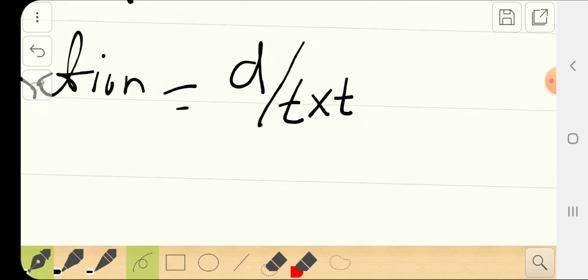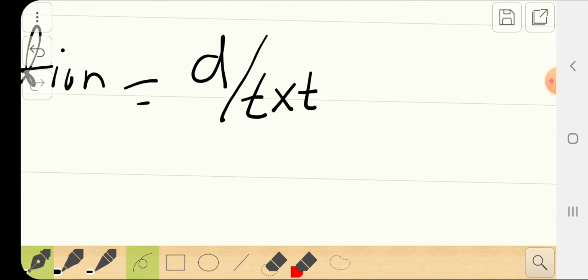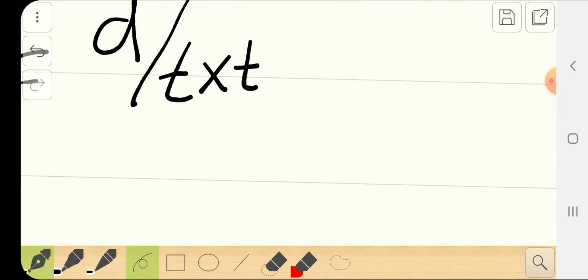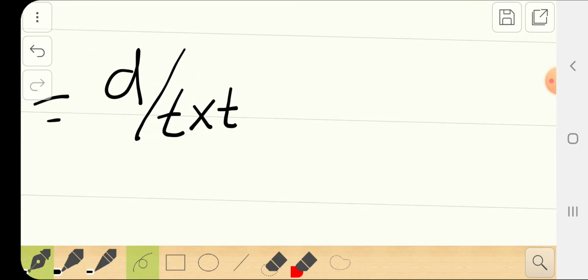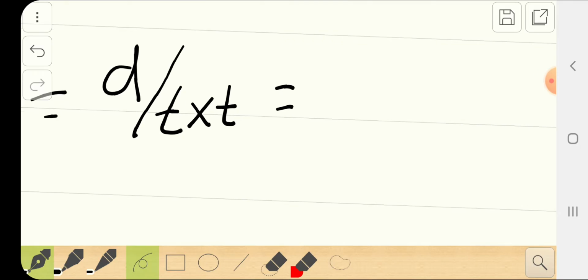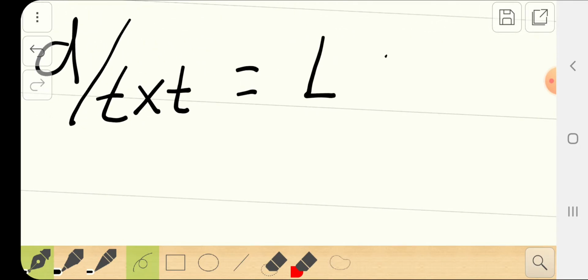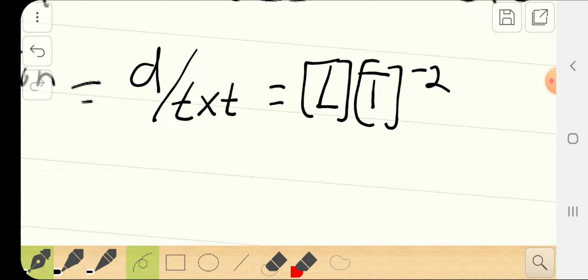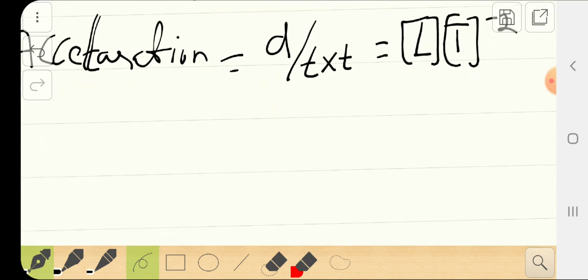It's the time rate of change of velocity, because it's the instantaneous velocity of a particle, the velocity change of a particle. So that's velocity by time, that's distance by time square, right? So that's L t raised to -2. Okay, so that's acceleration.